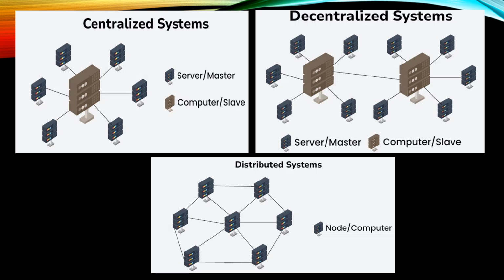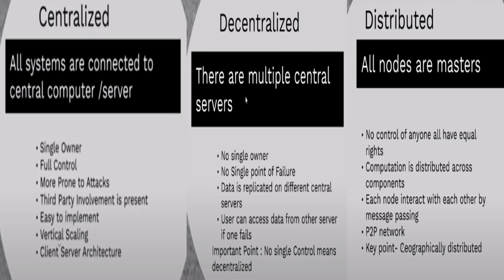Even if one central server fails, the work can be taken over by the other servers. In the distributed system, all the nodes are connected and interlinked to each other. So this is the difference between centralized, decentralized and distributed computing.